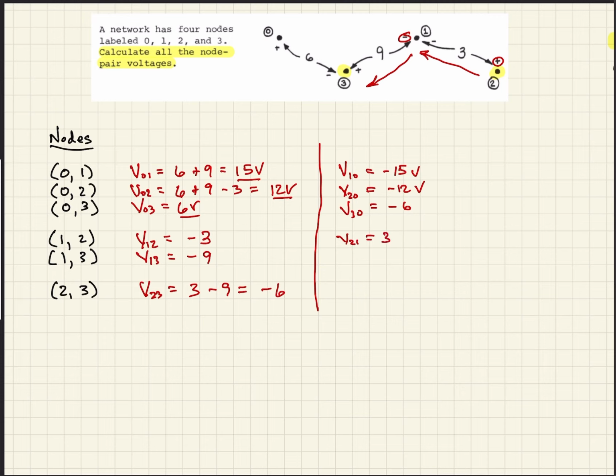V21 would be a +3. V31 would be a +9. And then V32 would be a +6. So there, it just determines by which direction you go. We always go from the lower number to the higher number node on this side, and then we go from the higher number node to the lower number node on this side.